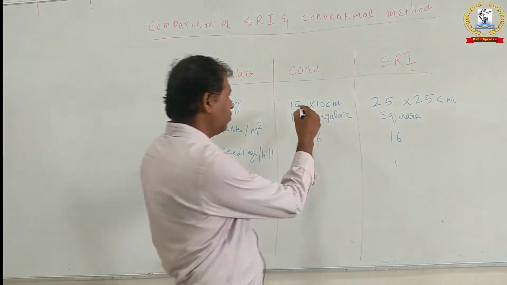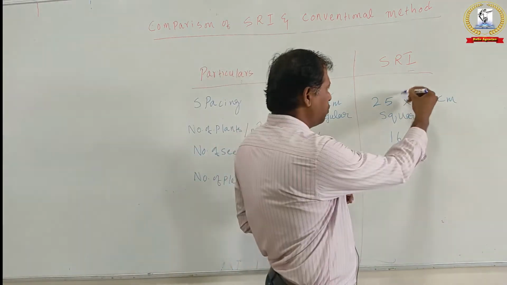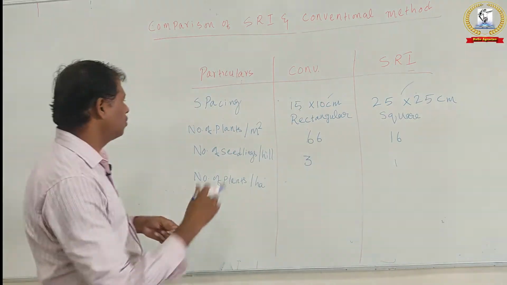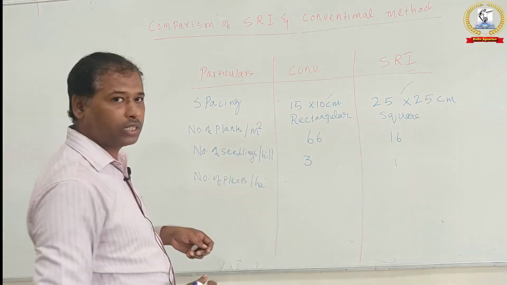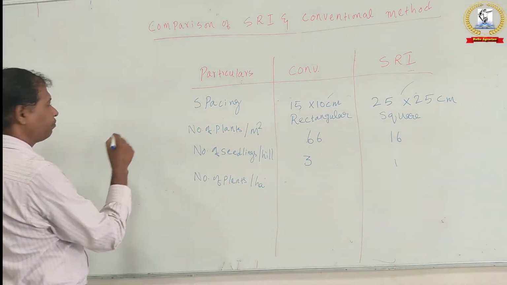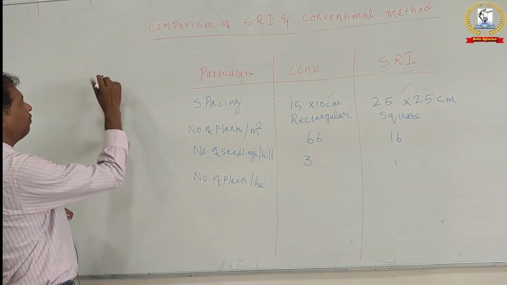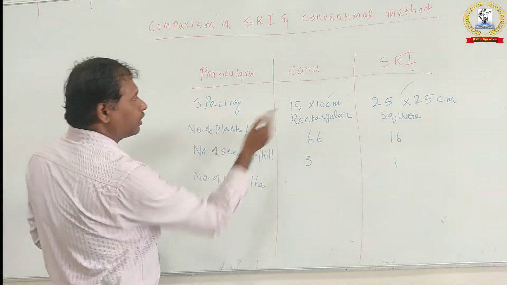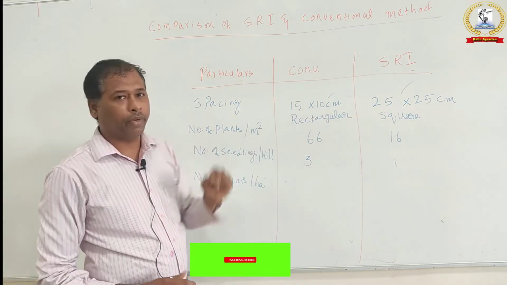We already know the spacing for the conventional method and the spacing for the system of rice intensification method. So, we can calculate plant population using spacing between rows and plants. First, we will do it for the conventional method. The spacing for the conventional method is 15 by 10 centimeter.